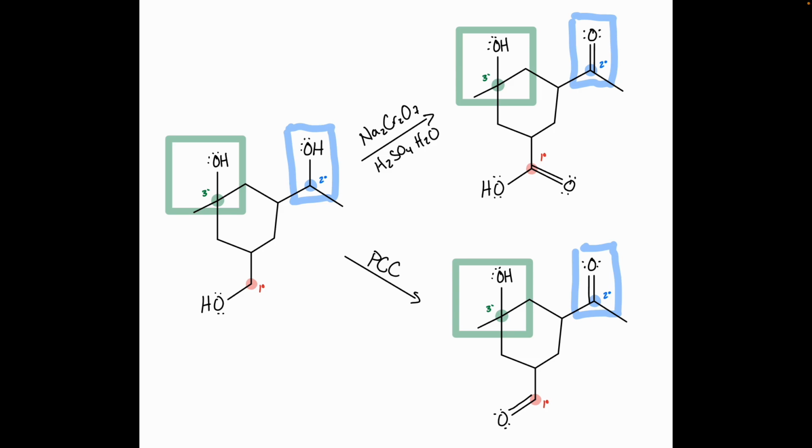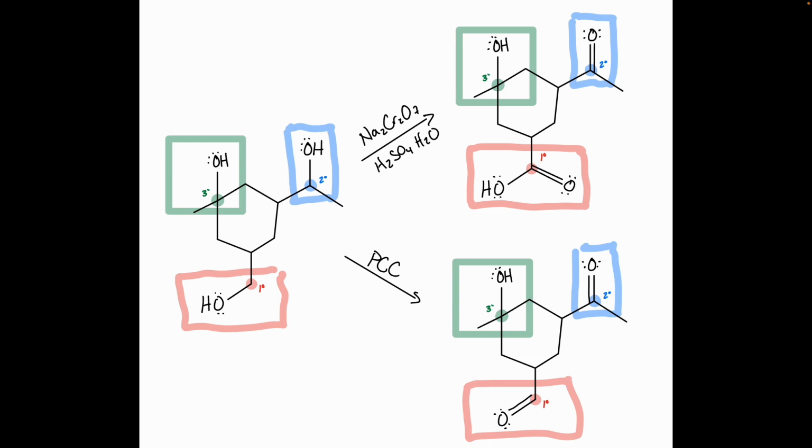We got that same ketone product, right? And the big difference is for my primary alcohol with my strong oxidizer that gets converted to a carboxylic acid, and for my weak oxidizer, it gets converted to my aldehyde.